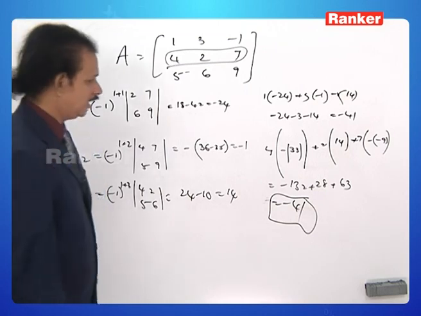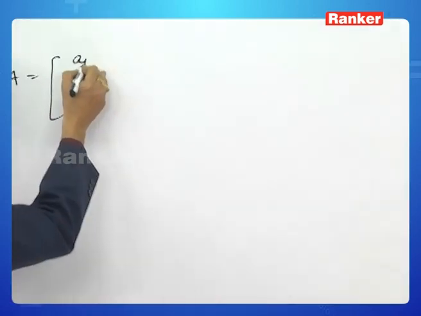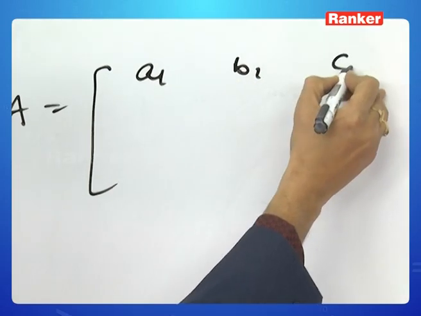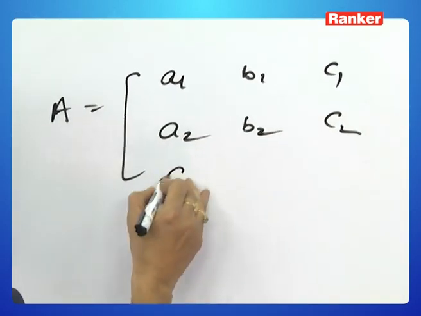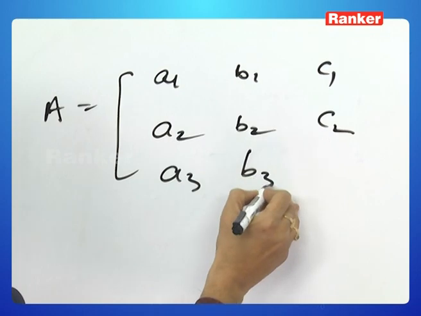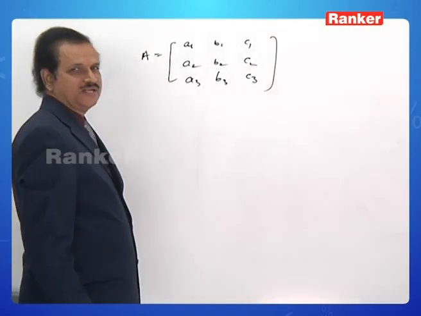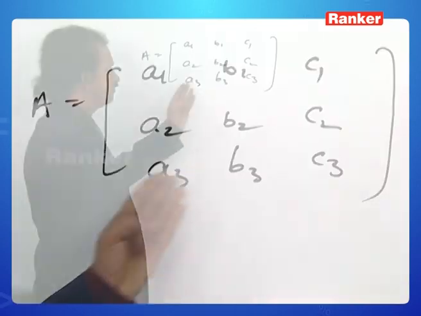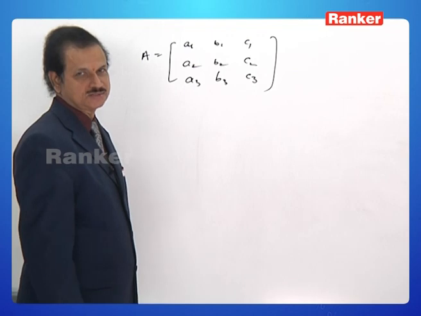Suppose capital A is the matrix with rows a1, b1, c1; a2, b2, c2; a3, b3, c3. Let me represent the cofactors of these corresponding letters with their corresponding capital letters.